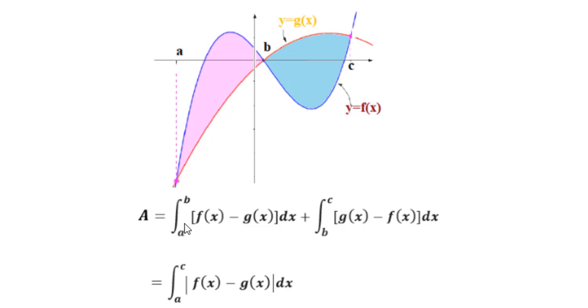Therefore, you will get the integral from A to B of f of x minus g of x dx. In this way, this area is positive. For B to C, since g of x is above f of x, you will use g of x minus f of x while you do the definite integral for the interval B, C.